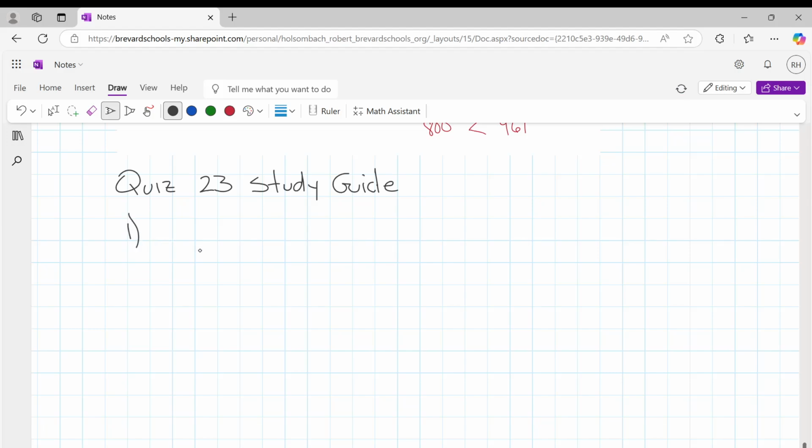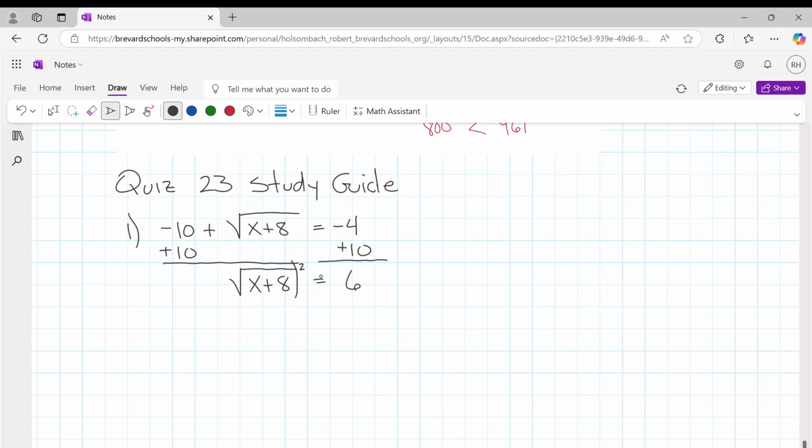So problem number 1: negative 10 plus the square root of x plus 8 is equal to negative 4. We're going to add 10 to each side. The square root of x plus 8 drops down, and it's equal to 6.